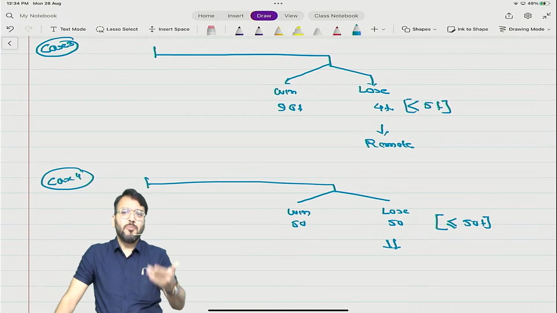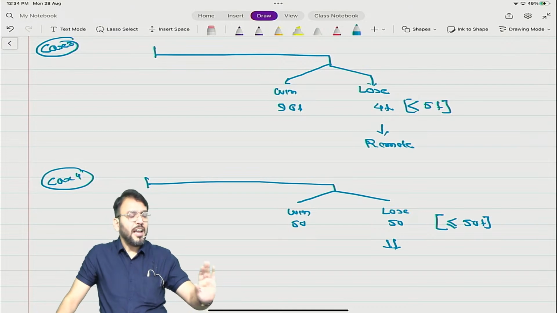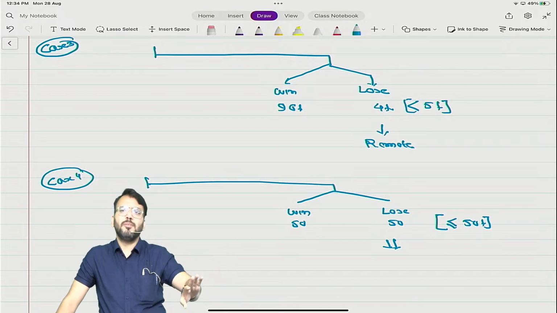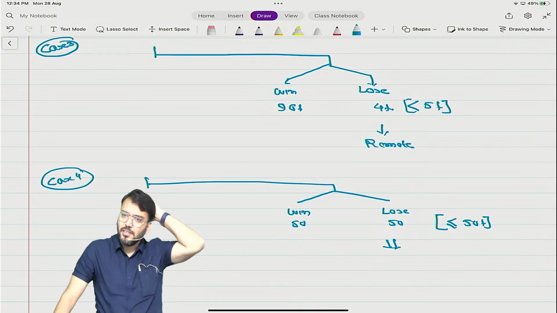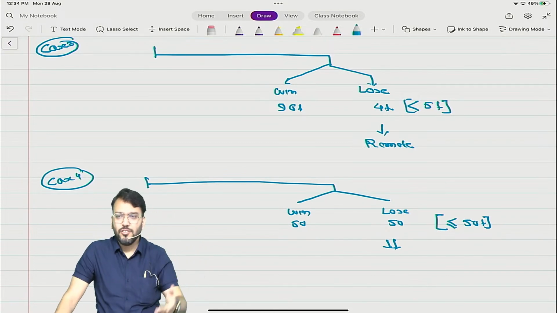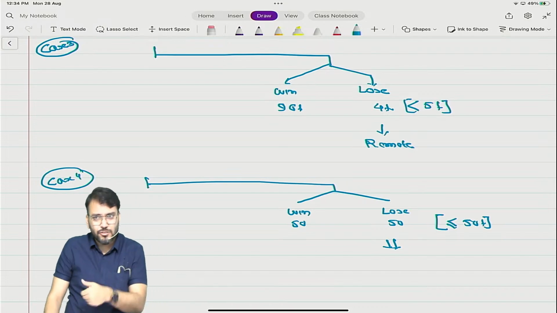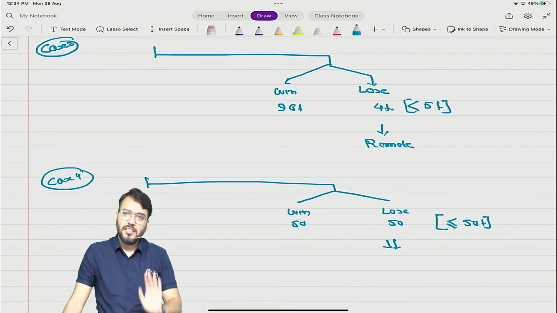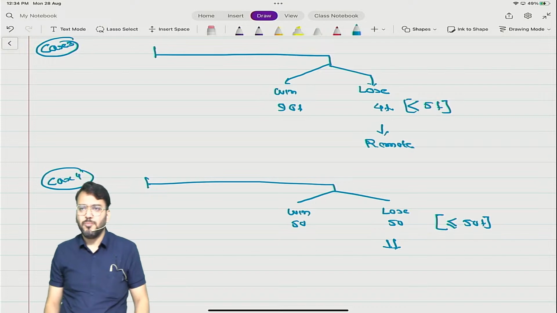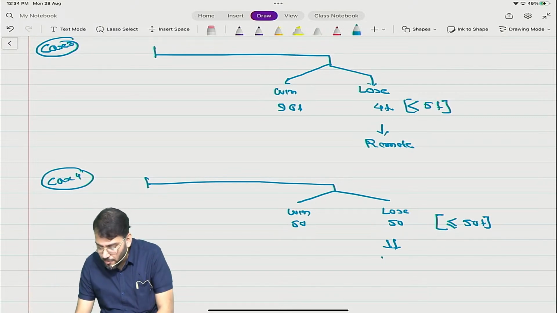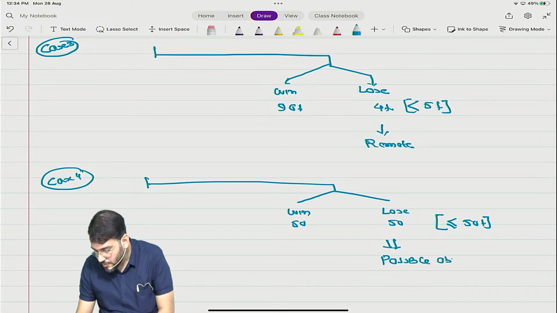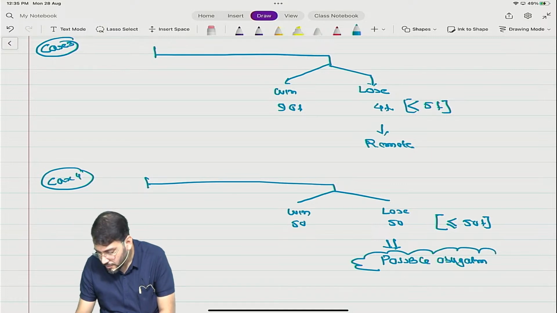If you have understood the probability chapter in mathematics, it is either more than or less than 50%. It cannot be exactly 50%. Are you able to understand? So I think this type of question they should not ask. Either it will be more than 50% or less than 50%. But chalo, exam is exam. So from examination point of view, we'll assume it is a possible obligation. Understood what I am saying?